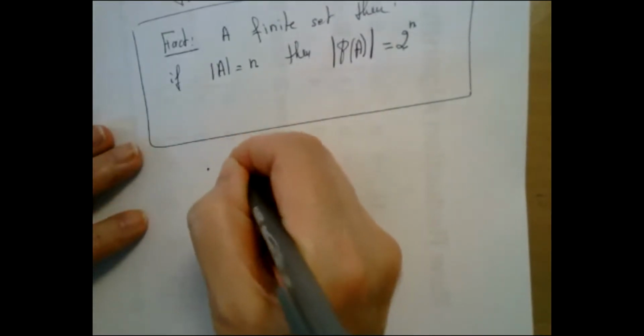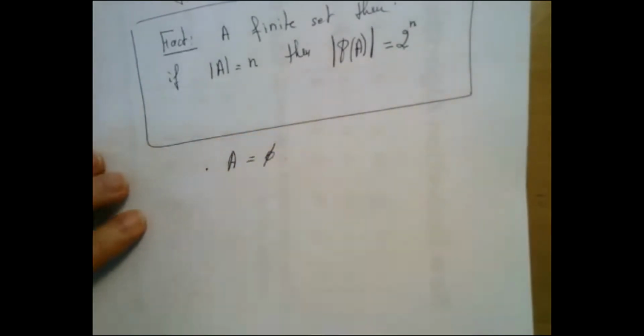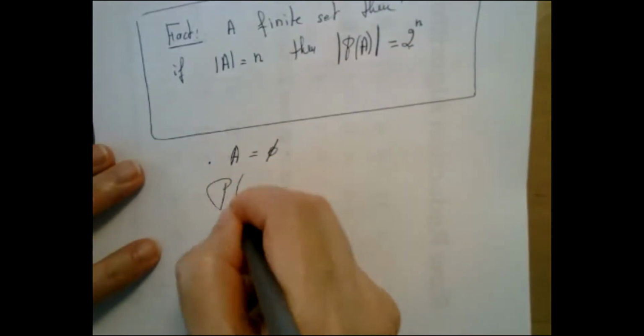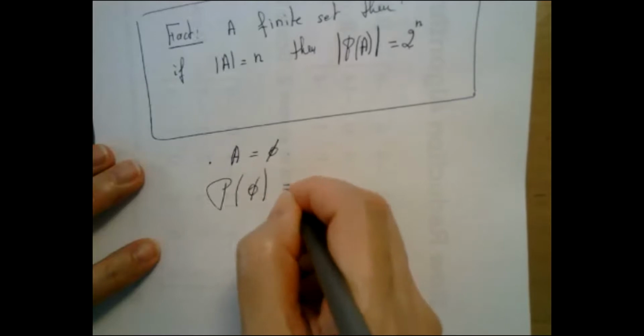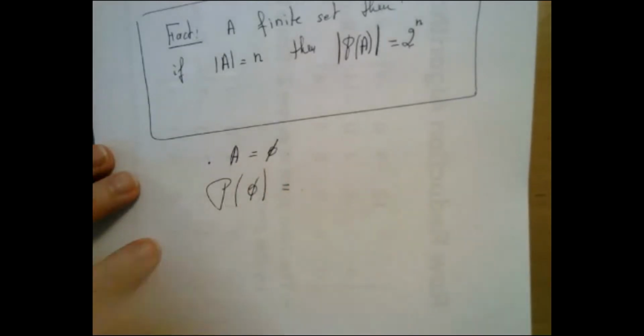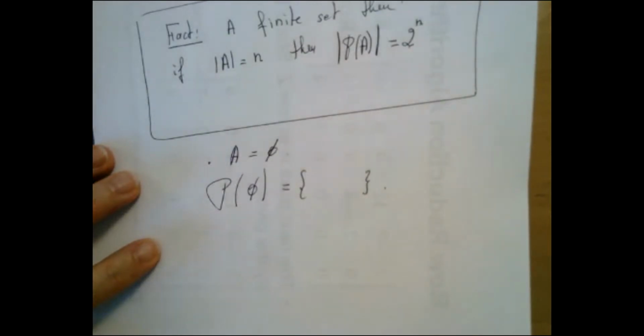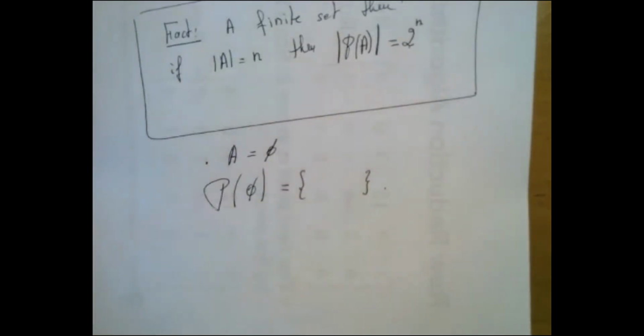Let me now give you the following. Suppose A is the empty set. That's the power set of the empty set. It's a set. What does it have in it? All the subsets of the empty set. When I am quiet, it means I want an answer. Would it just be the empty set?